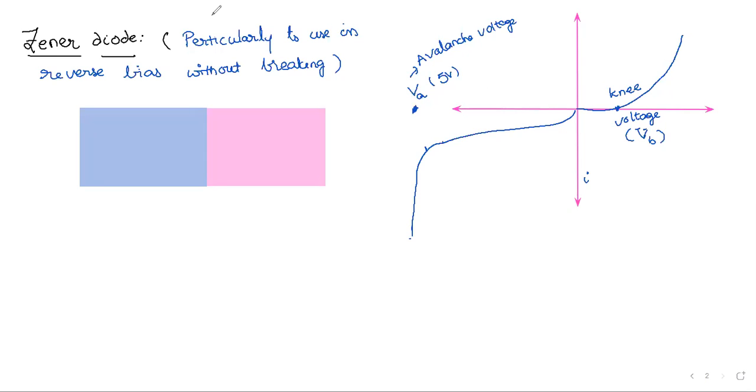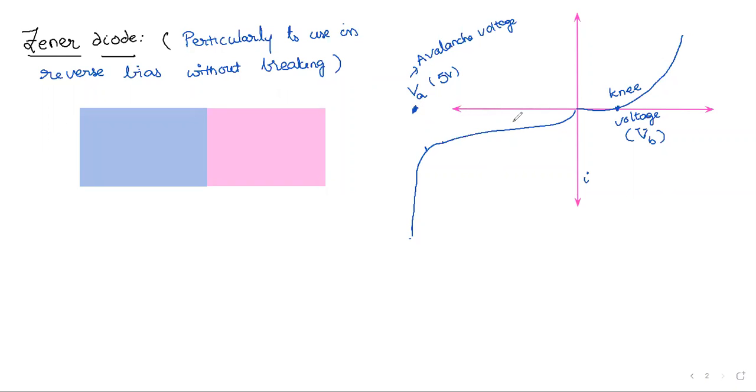Now keenly observe what I am saying. This is an important point in the Zener diode. If the voltage applied is less than 5 volts, does the diode break, Nana? No, sir. Will the diode survive or not? Survived, sir.